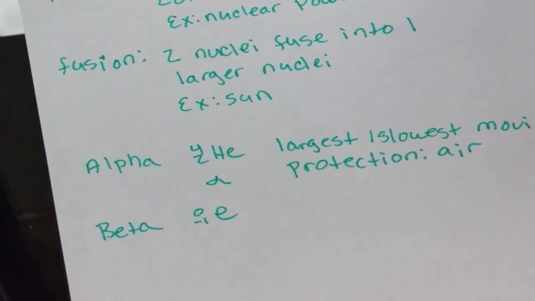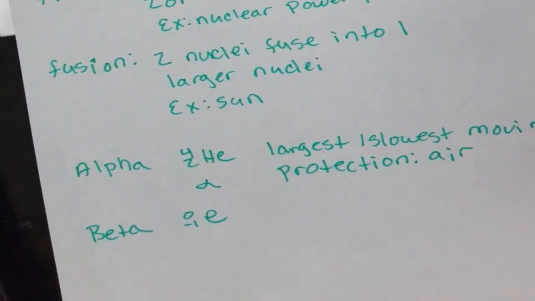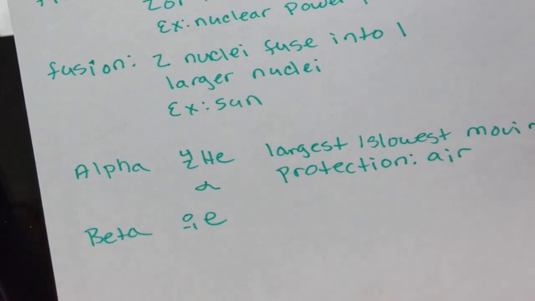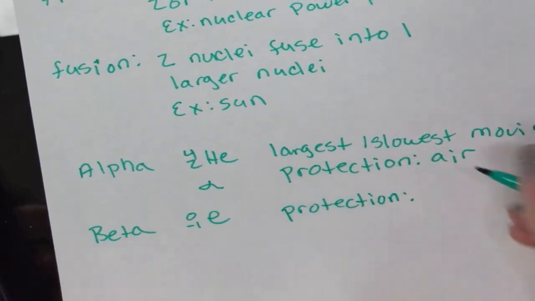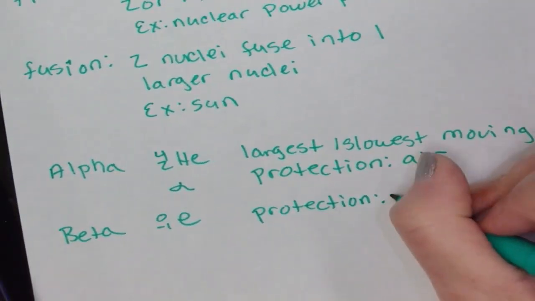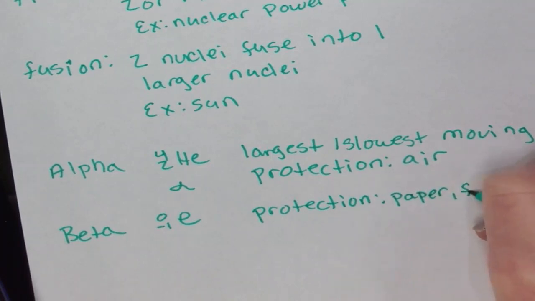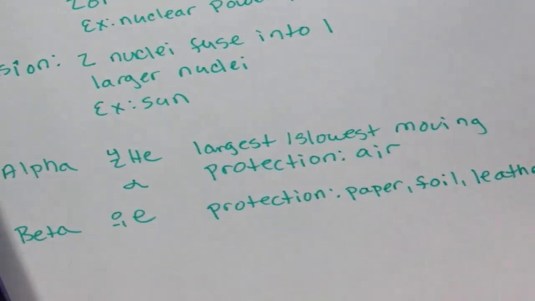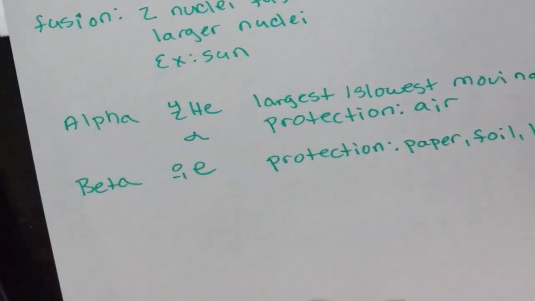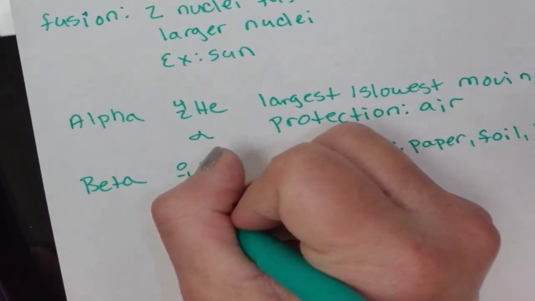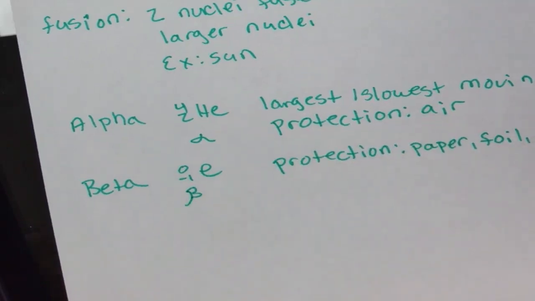Protection from beta particles is going to be paper, foil, and leather. Paper, foil, and leather would all provide protection from beta particles, so beta particles can still be accounted for pretty easily in terms of life. You may also see a beta particle sometimes written with this B symbol.